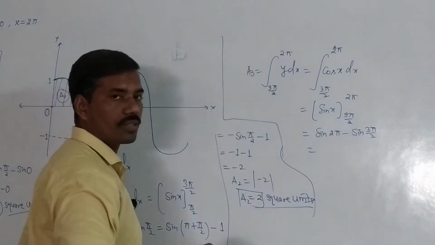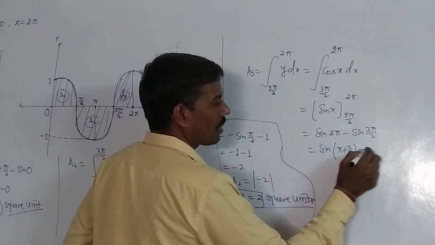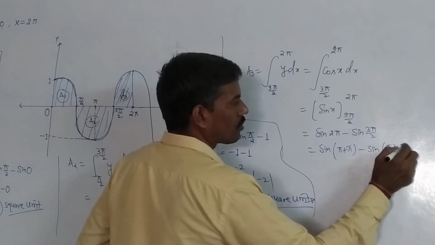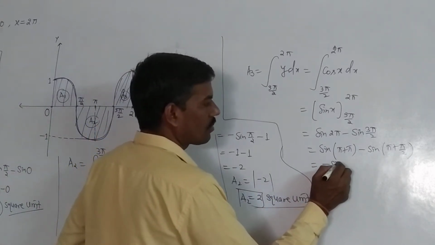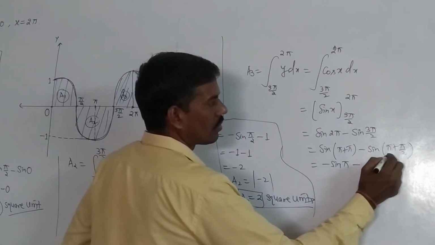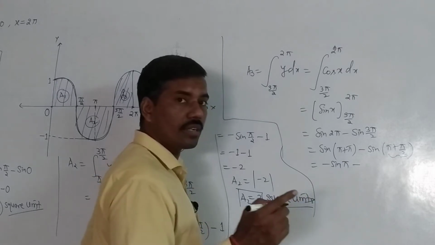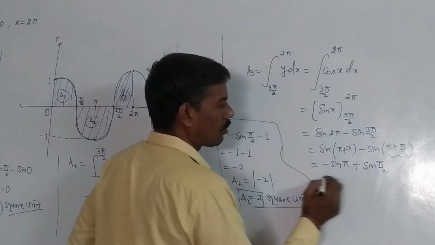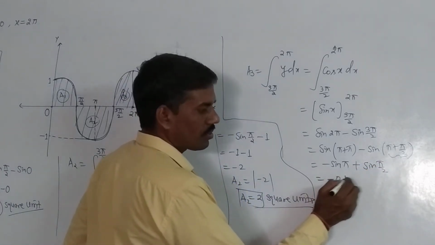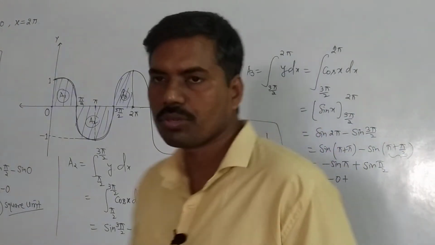Sine of 2 pi, that is sine of 360 degrees, what is it? Let me break it down. Sine of pi plus pi minus sine of pi plus pi by 2. Sine of 180 plus theta is minus sine theta, so minus sine of pi plus pi by 2 is minus sine of 180 plus theta, that is minus minus sine theta, so plus sine of pi by 2. Sine 180 is 0, so 0 minus 0 plus sine pi by 2 is 1.